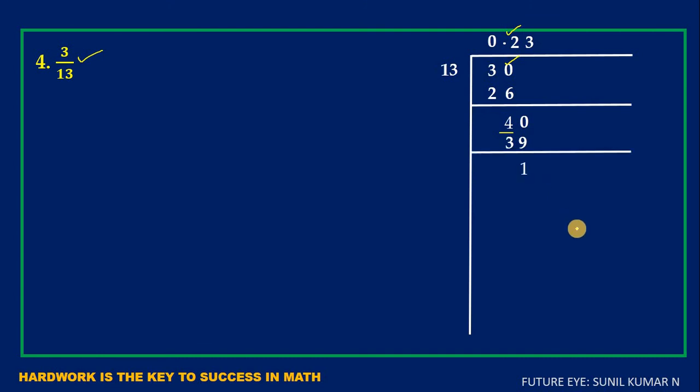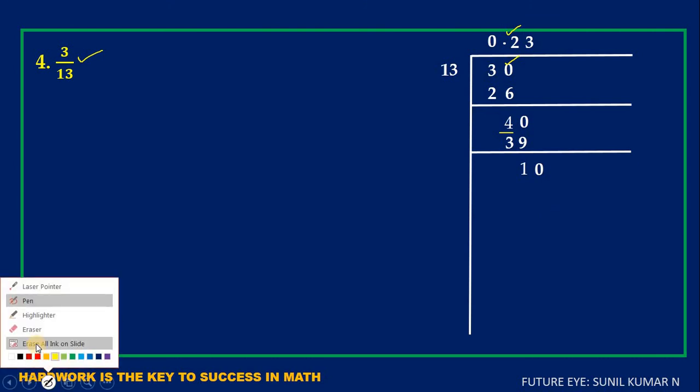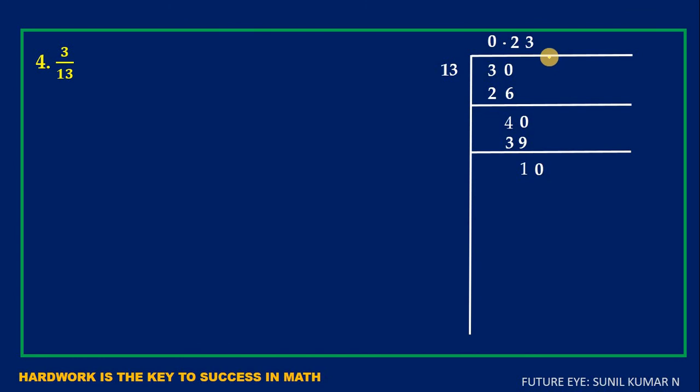Subtract, we get 1, and already there is a point, hence we can take 0. But now 10 is less than 13, again I cannot divide, so you have to place a 0 here, just like that. Now we can take another 0 here, it will become 100. 13 7s are 91. Subtract, we get 9, and take another 0.